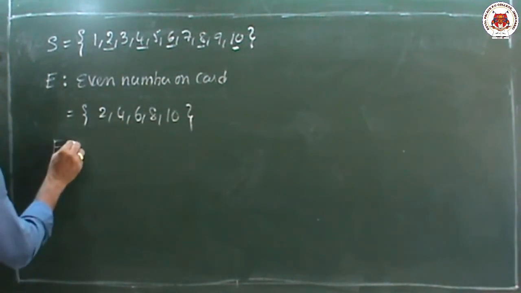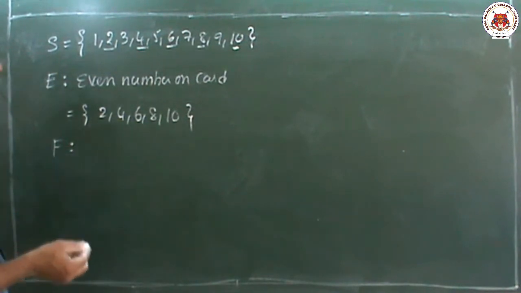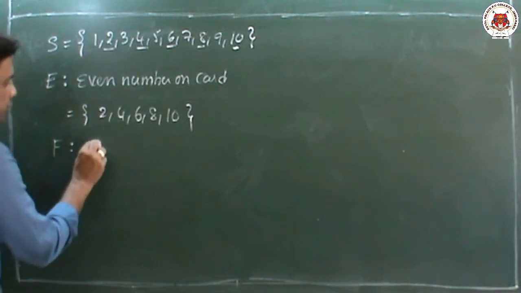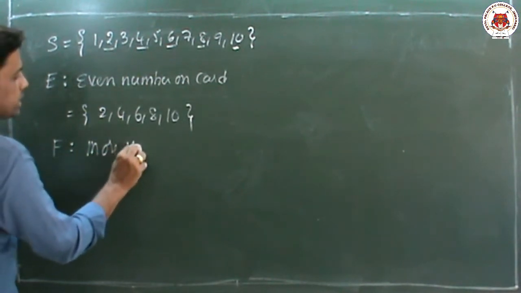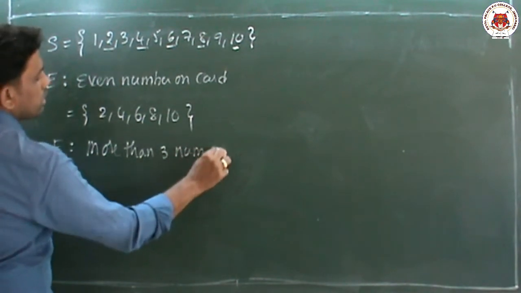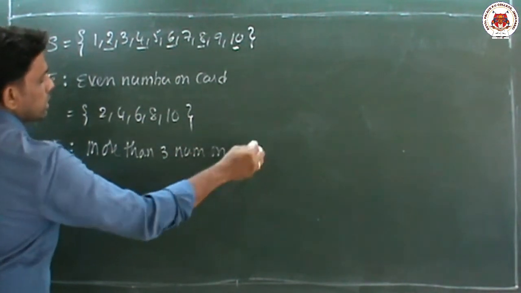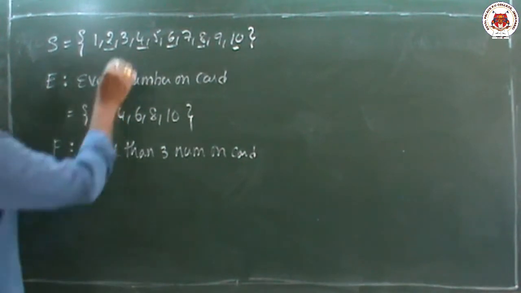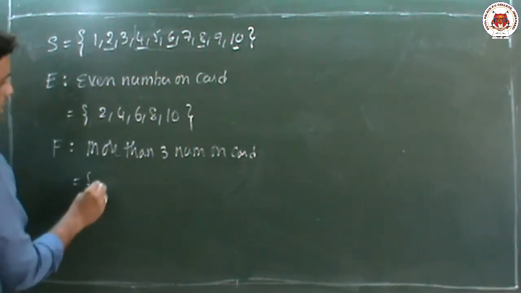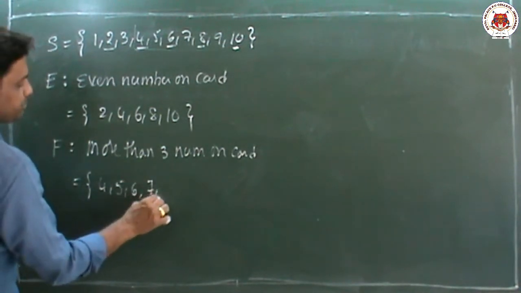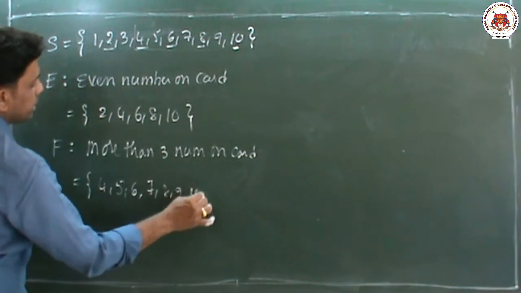Next one is F. What is the meaning of F? F means what he gave: more than 3 number on the card. What are the numbers more than 3? 4, 5, 6, 7, 8, 9, 10.